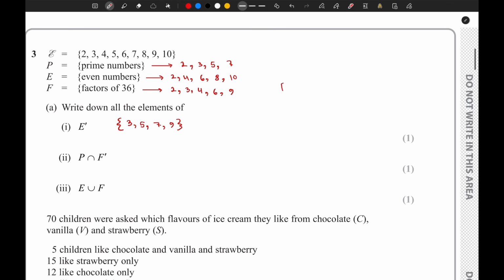Let's first find the F prime set. The F prime set will not be 2, 3, 4, 6, and 9. It will be 5, 7, 8, and 10. The common elements between the set P and F prime are 5 and 7.